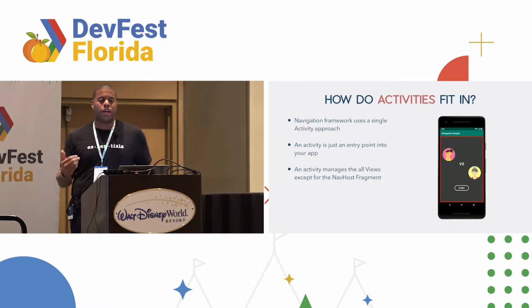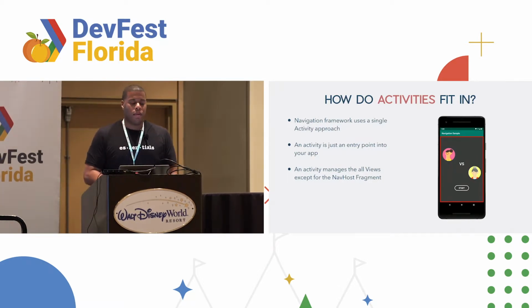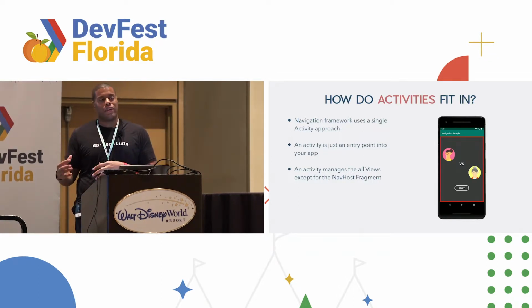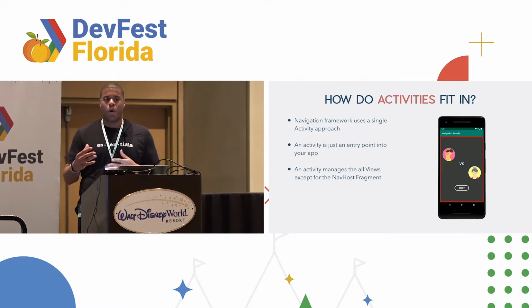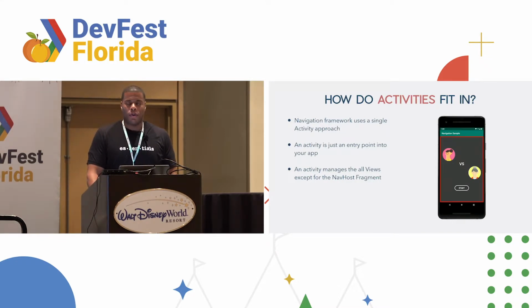But since Google I/O 2018, they're promoting this single activity approach, where your activity is the entry point into your app. So you have your main activity, and you would have your navigational graph that you use, where you can swap in and out your fragments, and you just allow your navigation host to manage all that for you. So it's a little bit different.